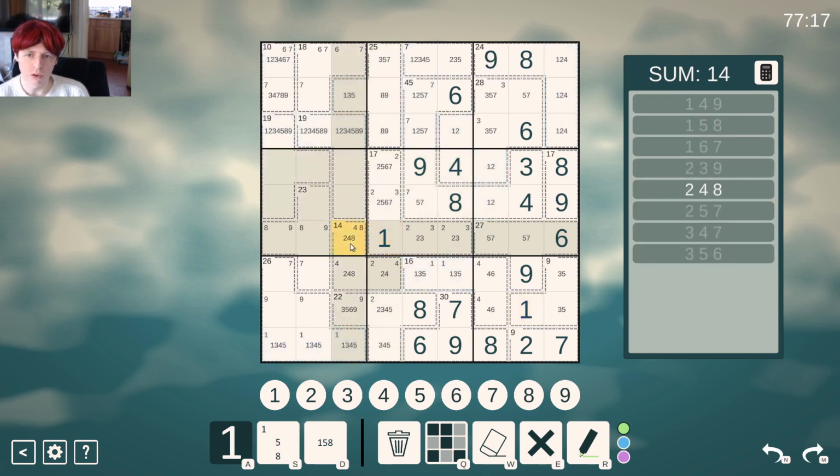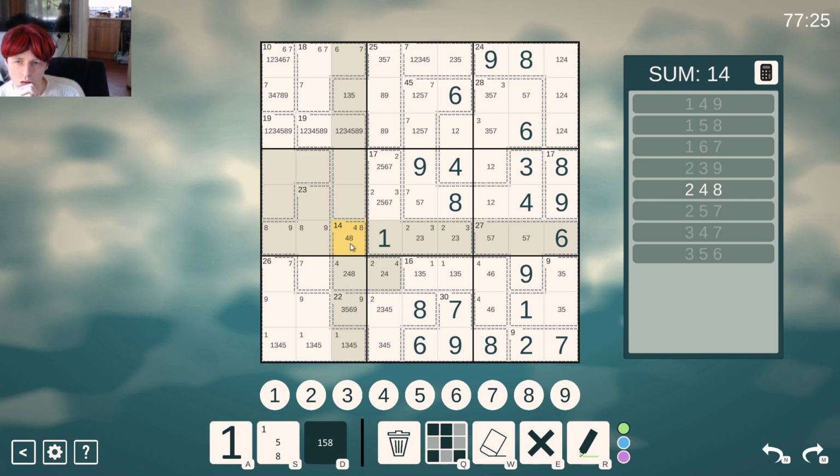Two, 3 pair rules out 2 from here. I could have seen that ages ago though.